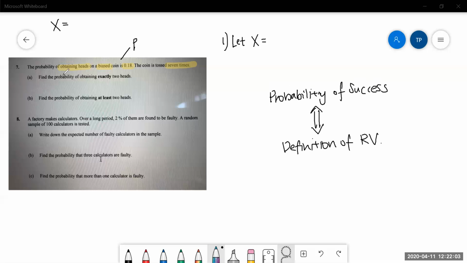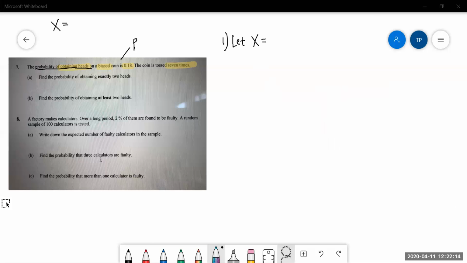Since we know the probability of obtaining heads is 0.18, this is the probability of success, which means in step 1, we define X as the number of heads obtained.